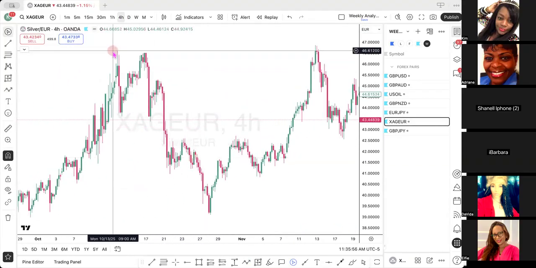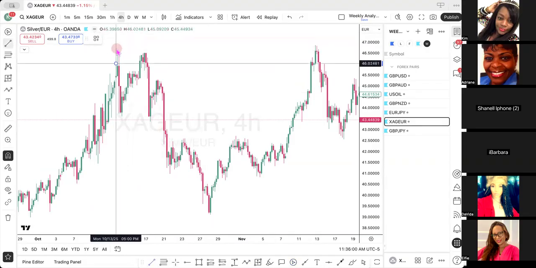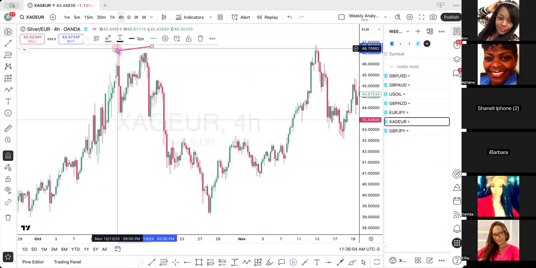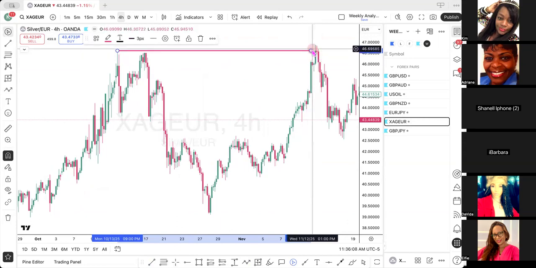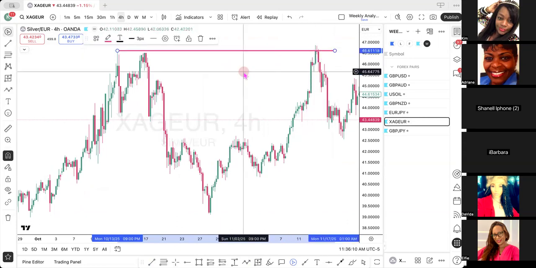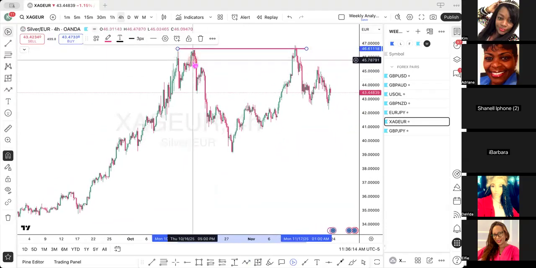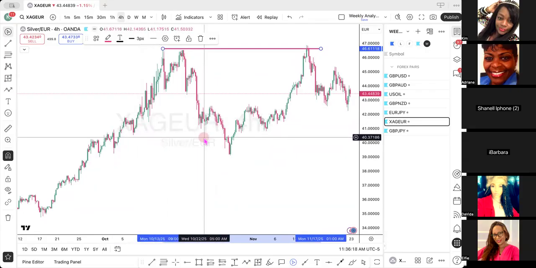This was a high that didn't get broken. Price did not. Oh, wait a minute. Hold on. I just lied. Price structure got. Oh no, it didn't break here either. Okay. This was the high. Price started shifting internal structure.